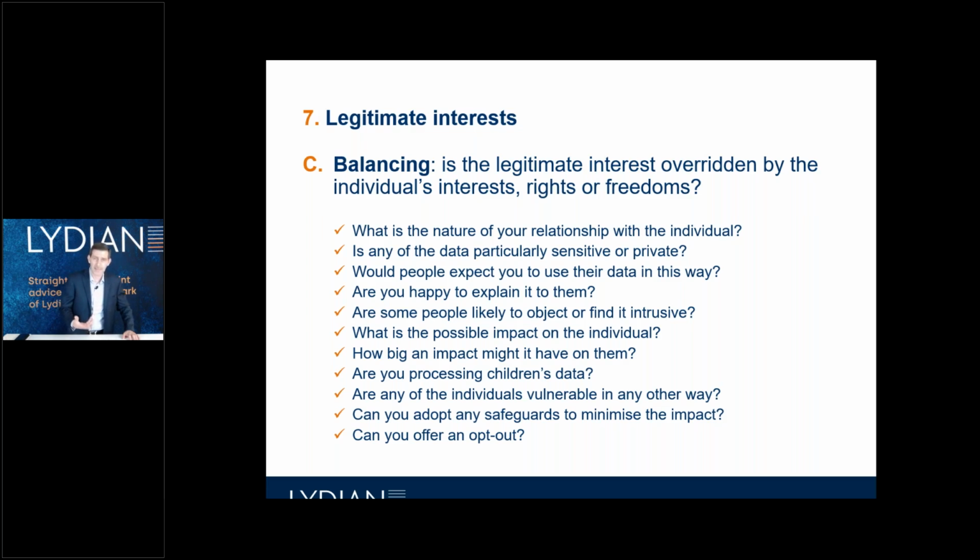Would you be happy to explain to the data subject this kind of processing and for those purposes? Also take into account the type of data subject, especially when there are vulnerable data subjects such as children or other vulnerable persons. Also consider safeguards. What safeguards can you put in place to better protect the rights and freedoms of the data subject? Can you possibly offer an opt-out and so on?